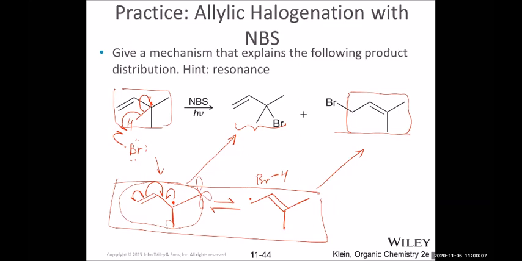Yeah, tertiary carbon with double bond. And this is the primary carbon radical. Yeah, this should be less stable. This one should be the major product. And this should be the minor. So that is how the reaction takes place.